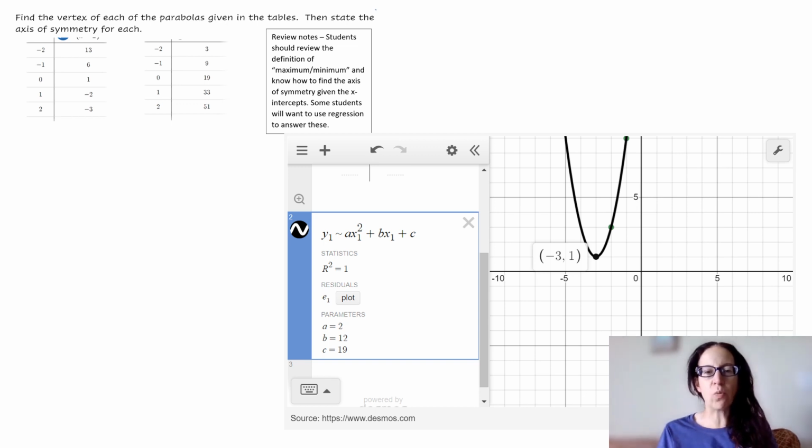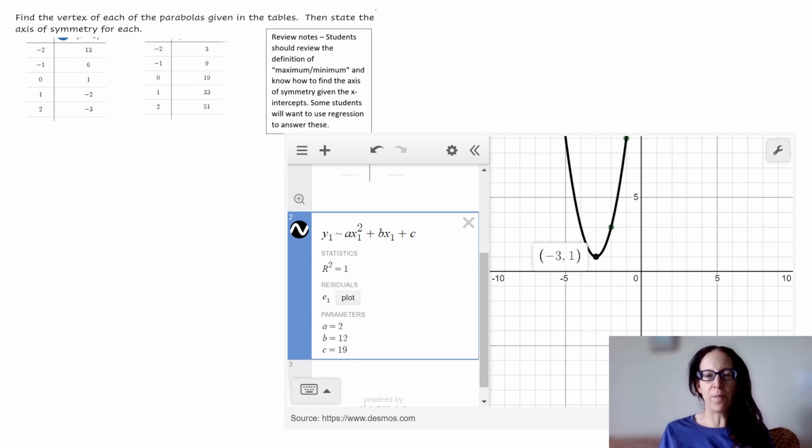So we will do y1. Now it doesn't tell us what form the equation needs to take, so it honestly doesn't matter. I'm going to go ahead and use standard form: a x1 squared plus b x1 plus c. And if you needed the formula, there it is.